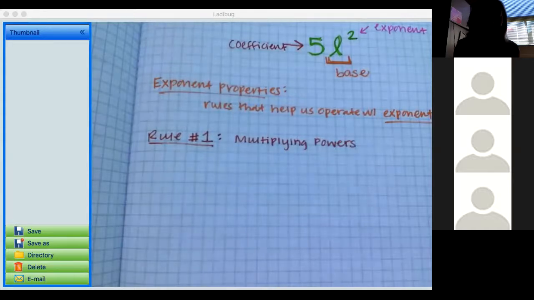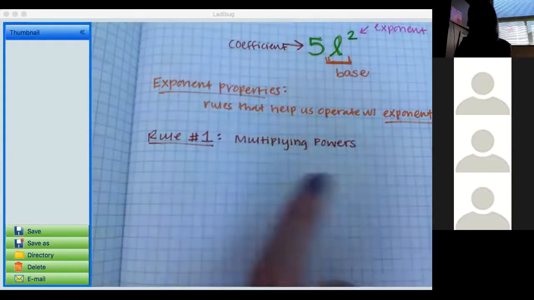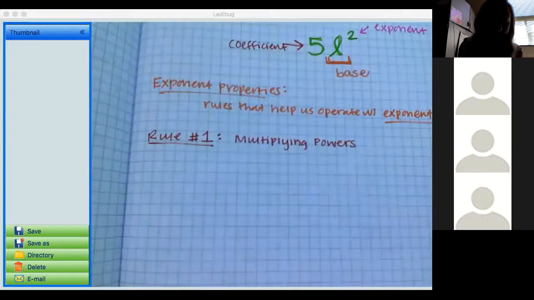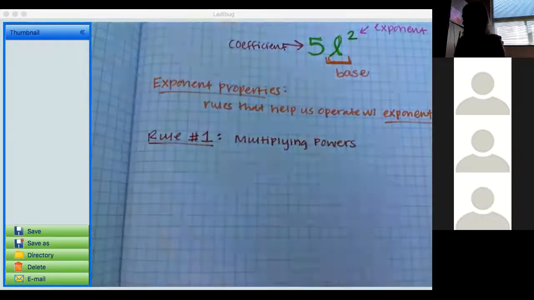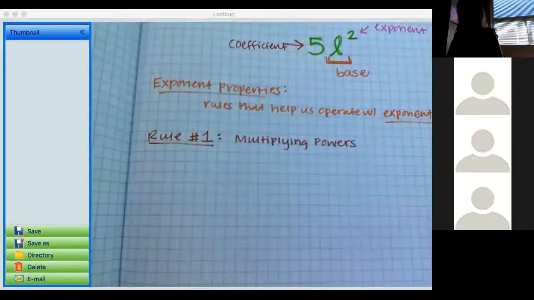Does anybody know what the word power means? It's a synonym for something. What's a power? Is it a synonym for exponent? Good, it's a synonym for exponent. Good job. So it just means exponent. So we're talking about multiplying things with exponents, okay? So this is your rule you're gonna write.